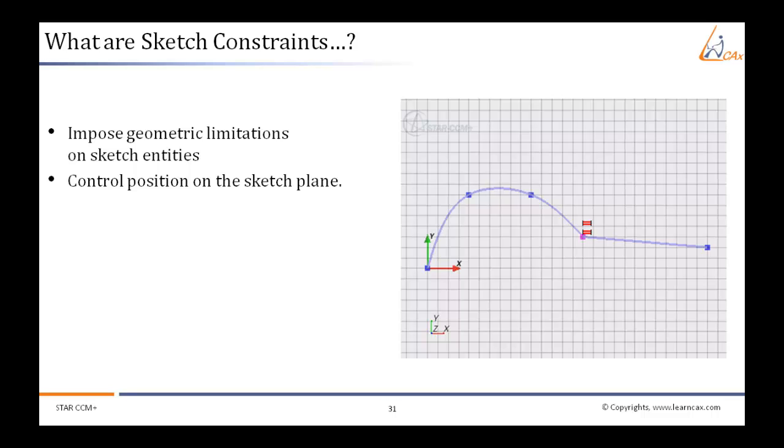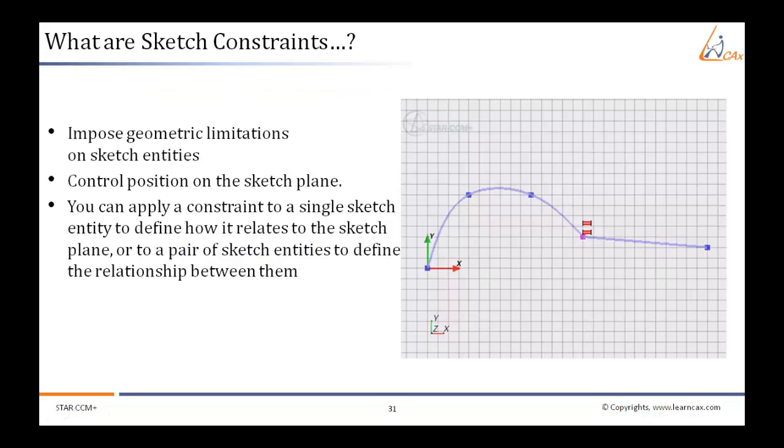There are two ways in which sketch constraints work. In the first approach of constraints, we fix the relation of a sketch to its plane. Hence, it cannot change its location or position or size with respect to the plane. In the second method, we fix the relation of the sketch to another sketch.